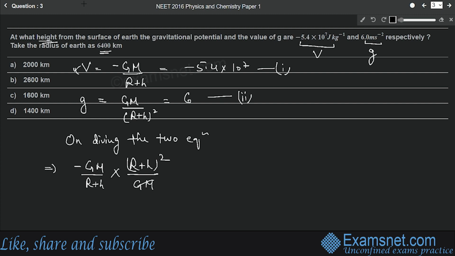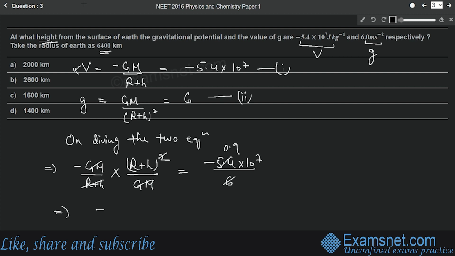Okay. So GM will be cancelled and this one r plus h will cancel the square. Okay. And on the right hand side we'll write the value. So the value of gravitational potential was mentioned as minus 5.4 into 10 to the power 7 and that of small g was 6. Okay. So on solving this we get 0.9 here. So minus 0.9 into 10 to the power 7, right? So what is left on the left hand side?